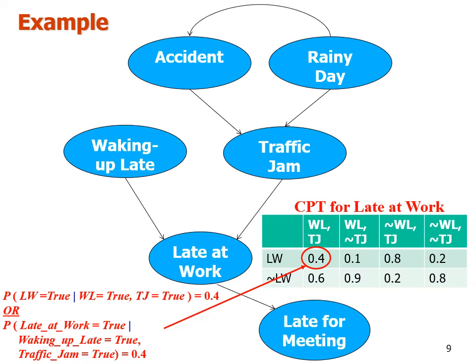For example, probability of not LW given WL, TJ is equal to 1 minus probability of LW given WL, TJ. So this is how we have computed all the probabilities for the event not late at work, and all the probabilities are given in the conditional probability table as shown.